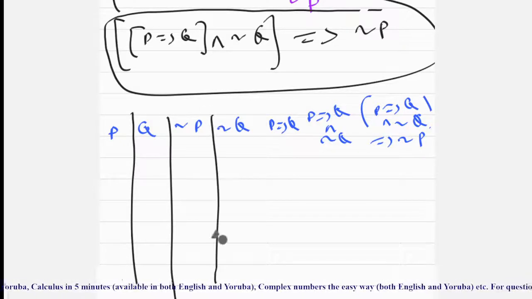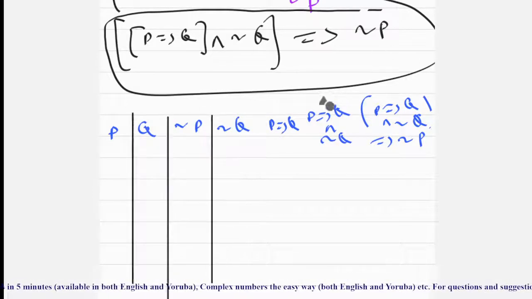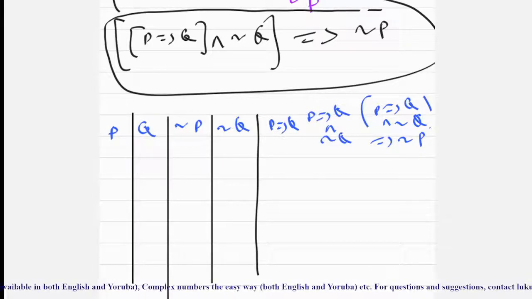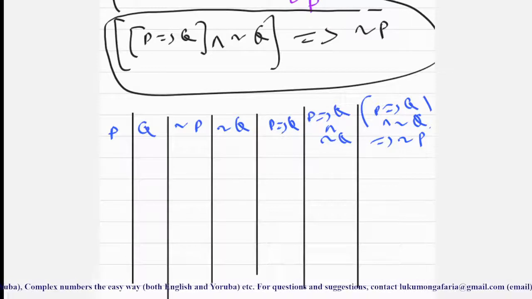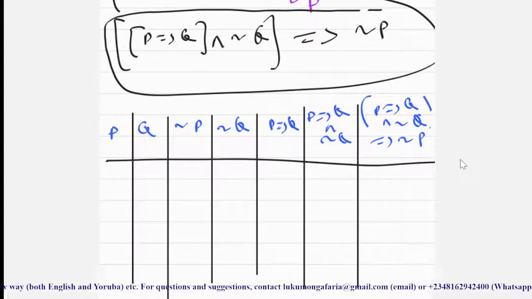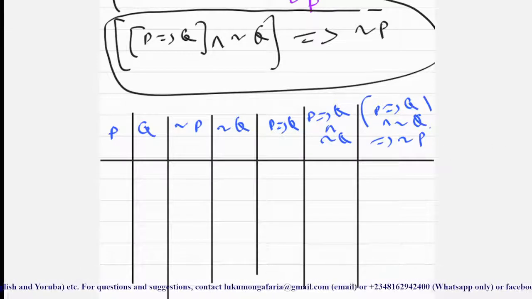Then you can draw your line like this, this way, this way. You have something of this nature.